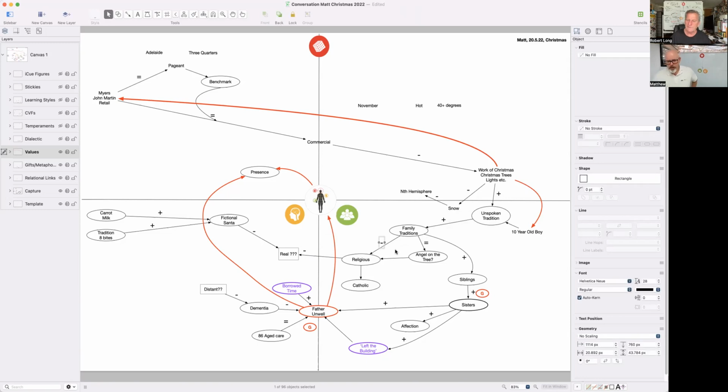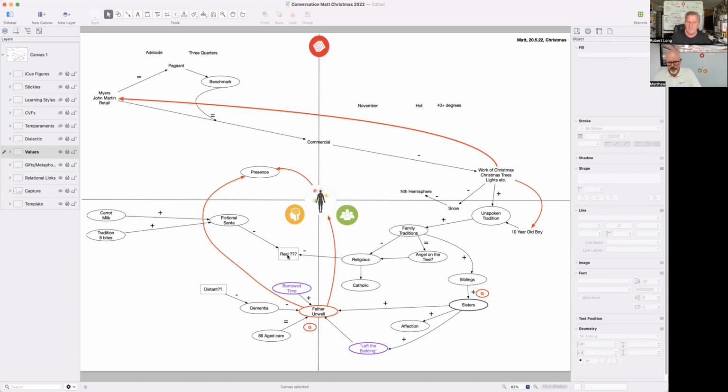So there is a sense in which all semiotic mapping involves an interpretation. And the reason I put a negative on that family tradition is, yes, I know you do an angel on the tree. Yes, I know it's religious. And yes, I know you're Catholic from that. And then at the same time, you believe in a fictional Santa. And I would add another state.